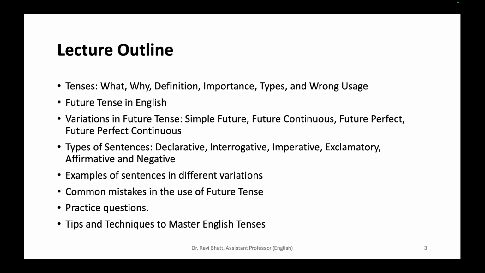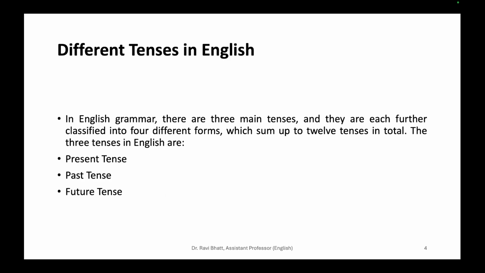Eventually, we'll start our discussion on future tense and some variations of it, like simple future, future continuous, future perfect, and future perfect continuous, followed by the types of sentences, that is declarative, interrogative, imperative, exclamatory, affirmative, and negative, followed by some of the examples of sentences in different variations, followed by common mistakes in the use of future tense. And after that, we'll practice some questions and we'll end the lecture with some tips and tricks to master English tenses. So let's begin.